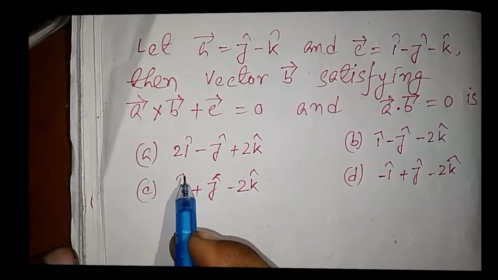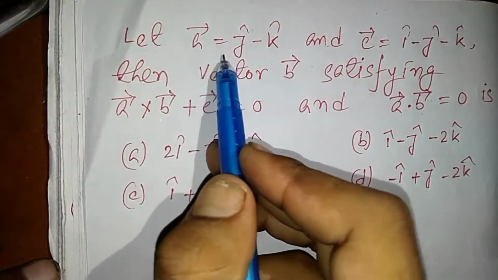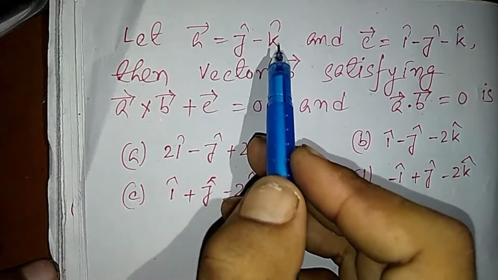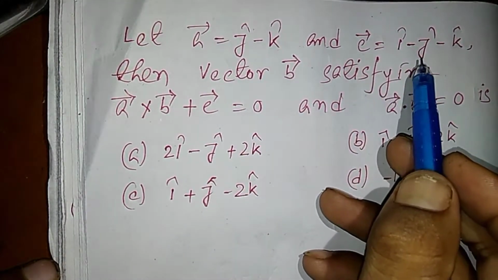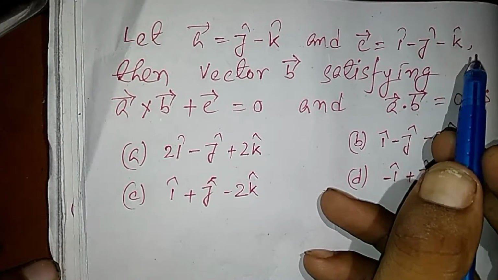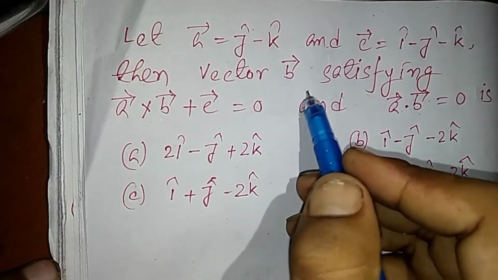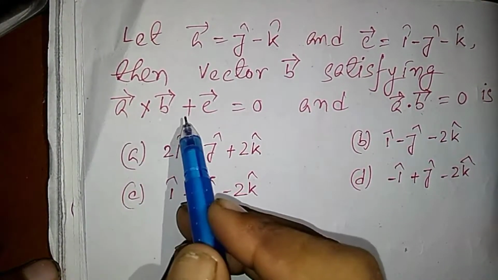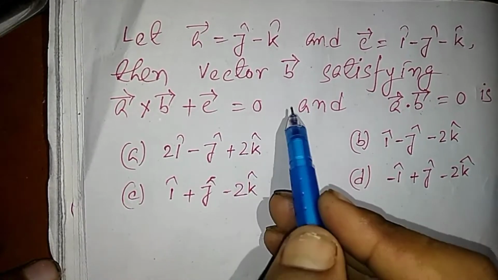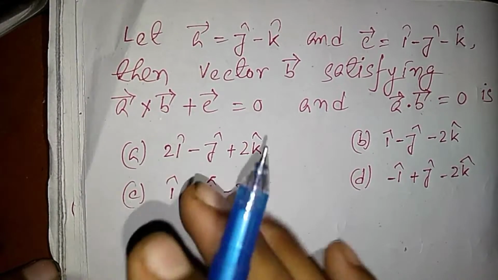So friends, now I'm going to solve a problem: let vector A equals j cap minus k cap and vector C equals i cap minus j cap minus k cap, then vector B satisfying A cross B plus C vector equals 0 and A dot B equals 3. Some options are given.